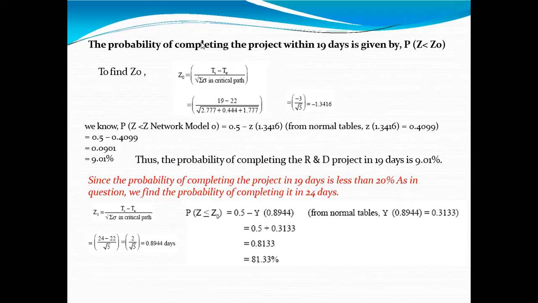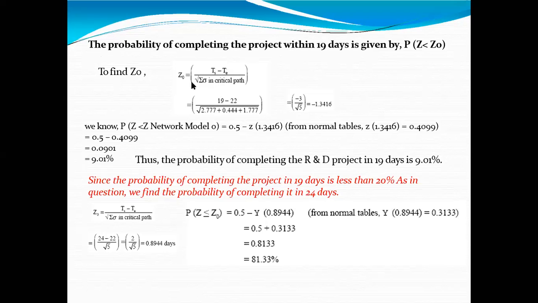Mute yourself. For TS, means the probability which is asked. Here, the asked part is the probability of completing the project within 19 days. So 19 is the TS value, and TE is the total time of the project.